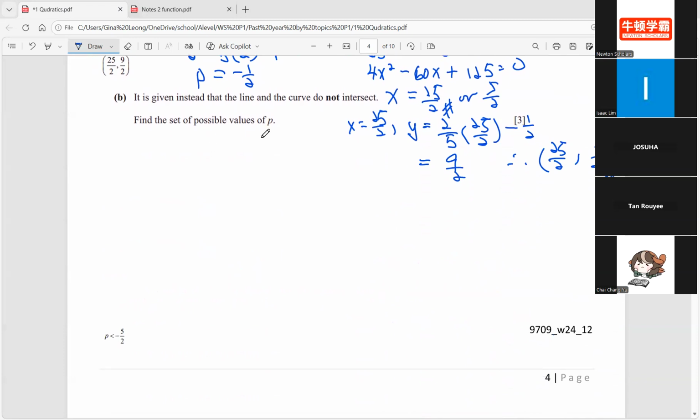Okay, we continue for B now. It is given instead that the line and the curve do not intersect. Okay, the keywords here, do not intersect. So what does it mean? What is the formula that I should use? b squared minus 4ac less than 0. Okay, so same thing.